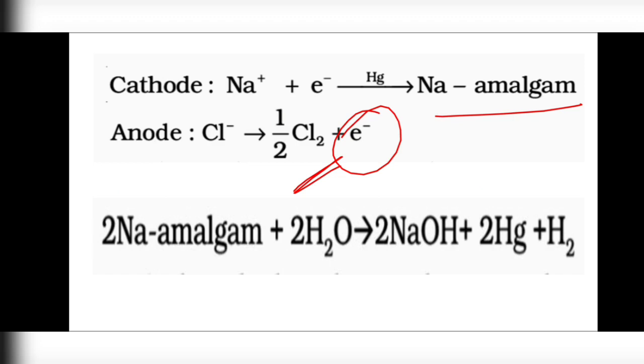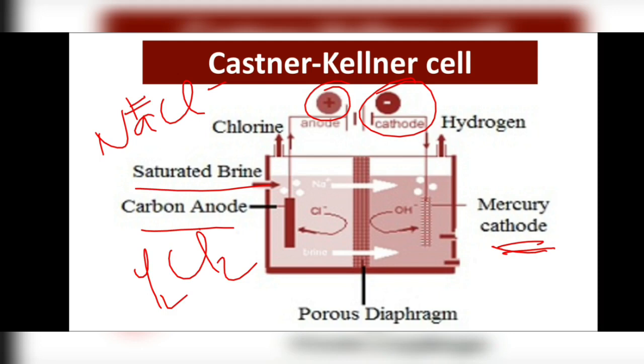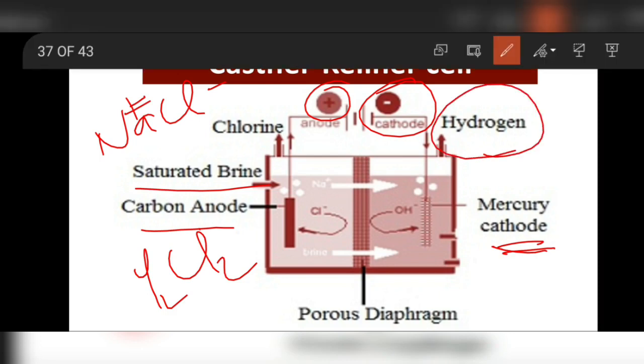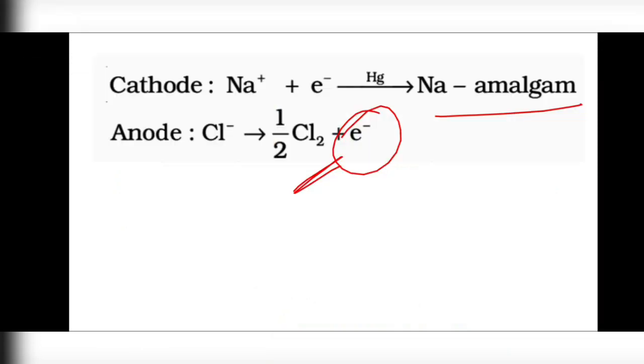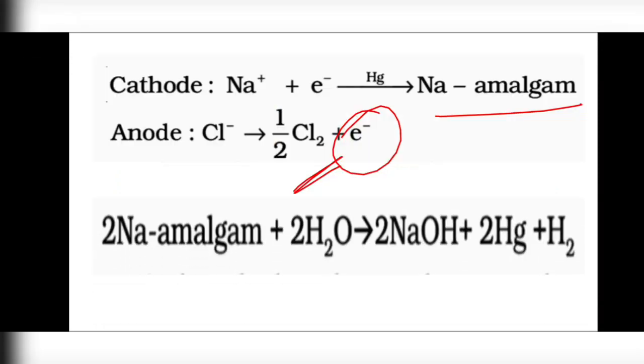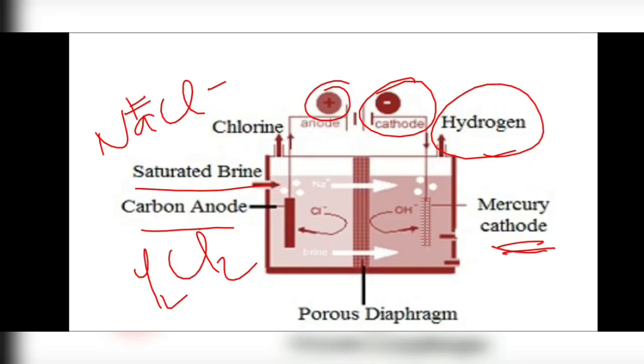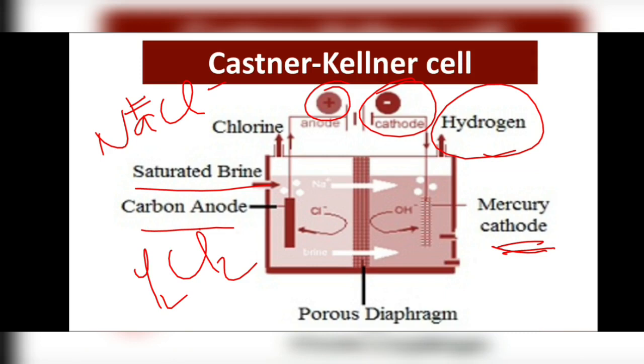So hydrogen is liberated there, because when the sodium amalgam reacts with water, you get sodium hydroxide, mercury, and hydrogen gas. So this is how you prepare sodium hydroxide using the Kastner-Kellner cell.